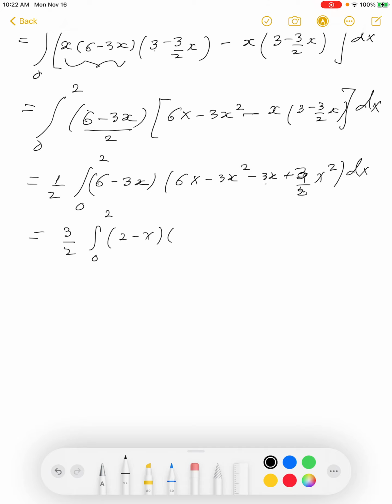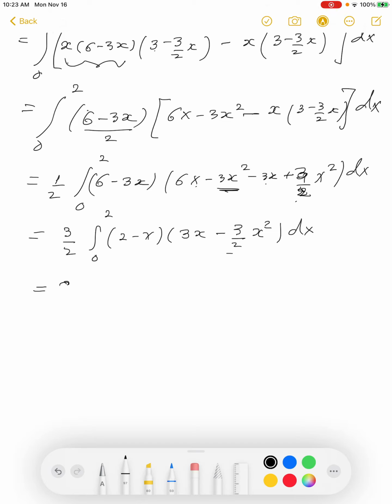So what do we get? We get 3x and minus 3x squared plus 3 by 2 x squared. 3 minus 3 by 2 is minus 1/2 minus 3 by 2, isn't it? And that is going to be, so let's pull out a 3 and let's multiply by 2 and pull out a 3.